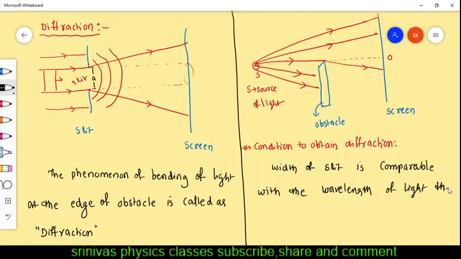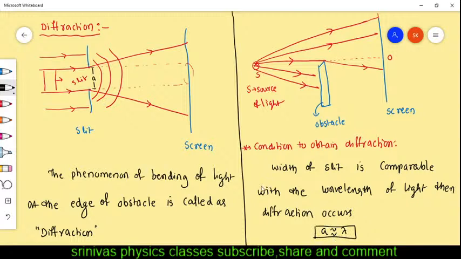Then diffraction occurs. That means if the slit width a is nearly equal to the wavelength, then diffraction occurs.